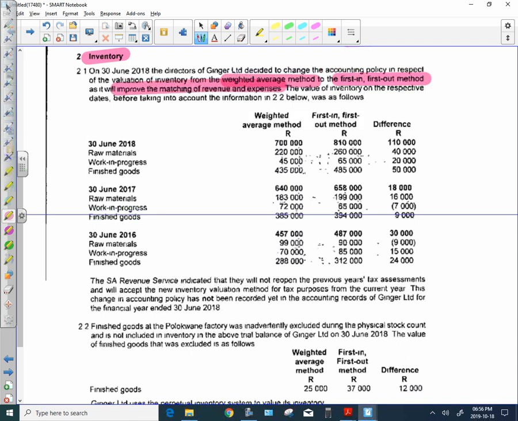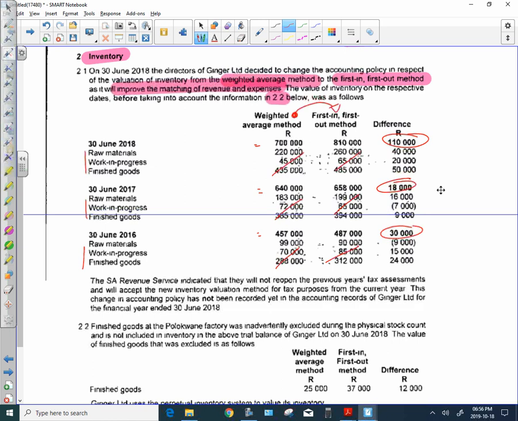The value of inventory on the respective dates before taking into account note 2.2 is as follows. Right, so we're moving from the weighted average to the first in, first out. They've given you subcategories, but all of them add up to the final inventory figure. So you can actually just ignore whatever is going on at the bottom and just look at those figures over there.